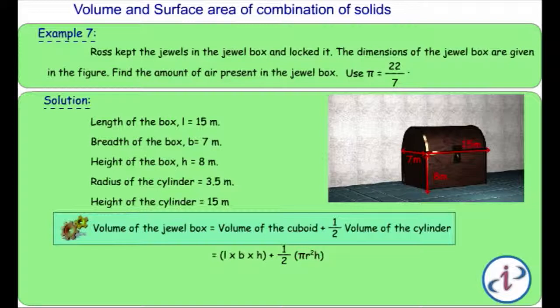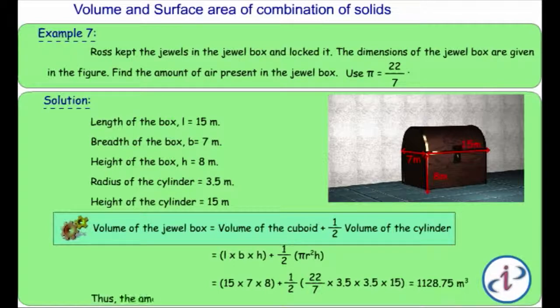On replacing the values in the formula, we get 15 times 7 times 8 plus half times 22 by 7 times 3.5 times 3.5 times 15. On further simplification, we get 1128.75 cubic meters. Thus, the amount of air present in the jewel box is 1128.75 cubic meters.